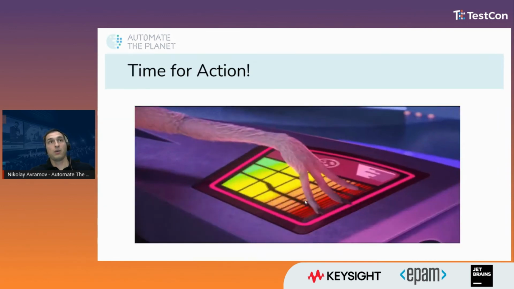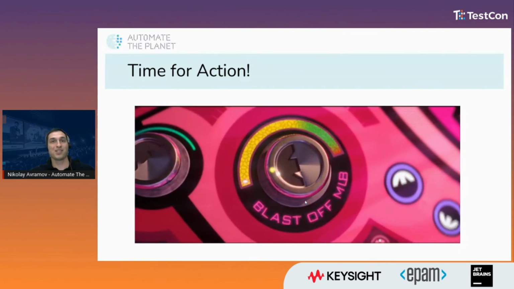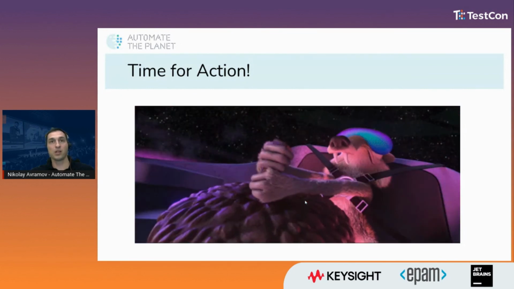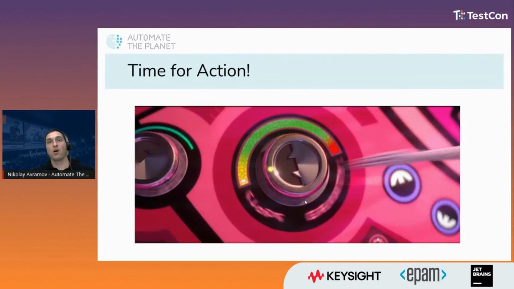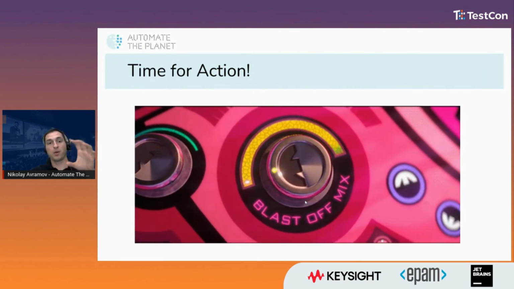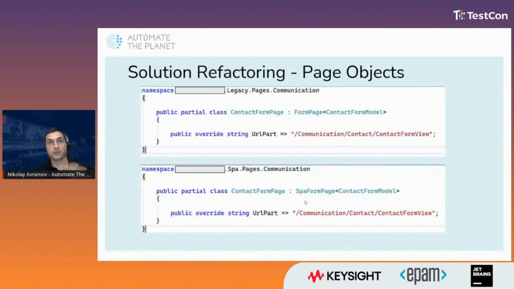And it was time for action. We fastened our belts, started thinking how to implement everything, did the refactoring, and implemented all the controls separately just on these component test levels. After everything was fine there, we took a look at what will happen to the pages and to the models after this refactoring.